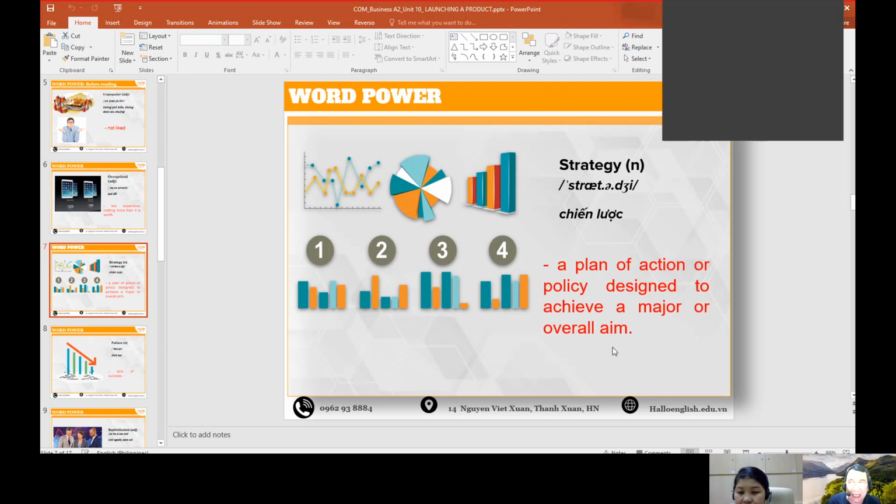So strategy means you need to think of a better way. That's a plan of action or a policy designed to achieve a major or overall aim. That means you need to show the audience or the consumers that this product is a good and interesting product that they should buy. So that is a strategy.